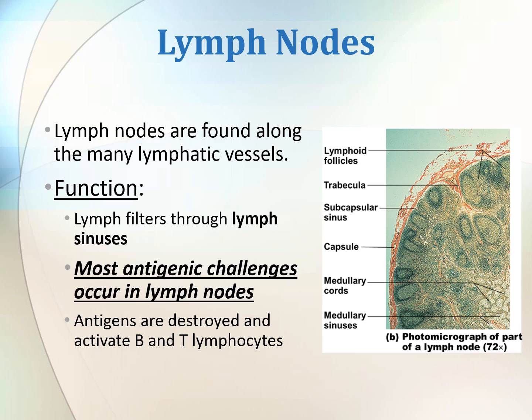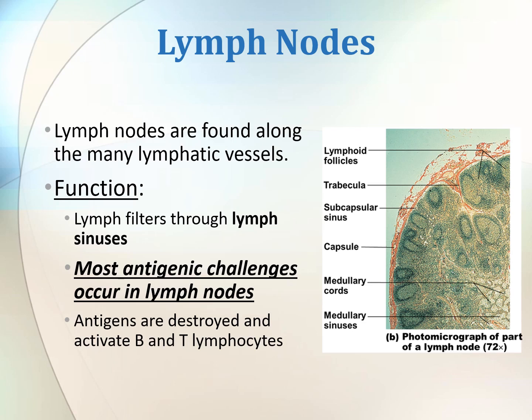And the lymph nodes, this is where we get most of our antigenic challenges because the lymphatic system is very good at picking up pathogens throughout the body. And it's going to go through a lymph node at some point. So this is really where a lot of our antigenic activation is happening.